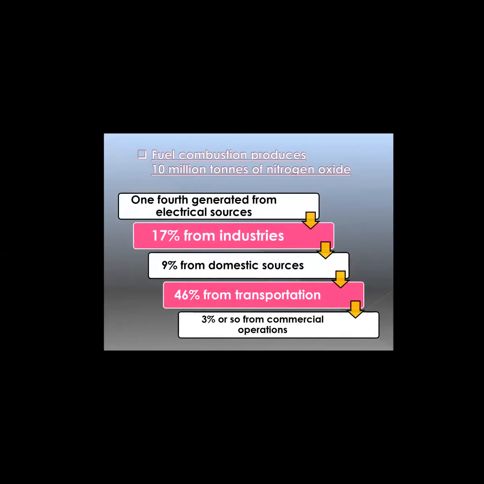Out of which 1/4, that is around 25%, is generated from electrical sources, 17% from industries, 9% from domestic sources, 46% from transportation, and approximately 3% is contributed from commercial operations. So these are the various sources from which the oxides of nitrogen are emitted into the atmosphere.